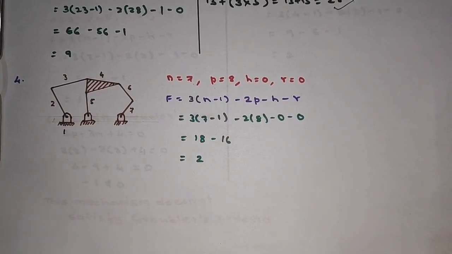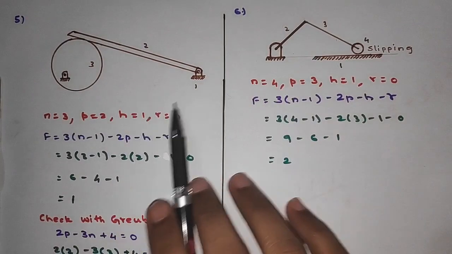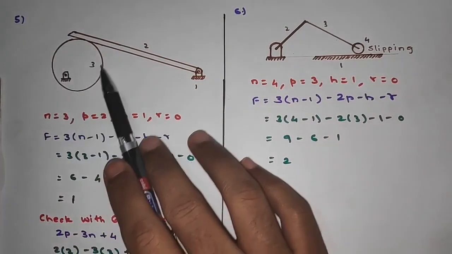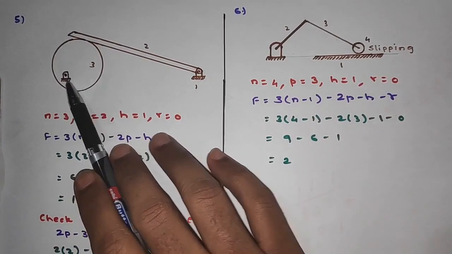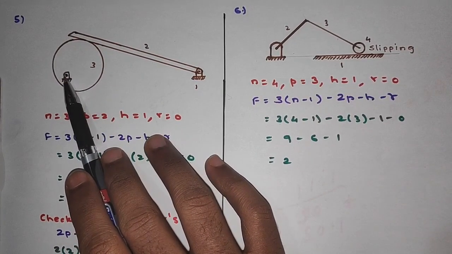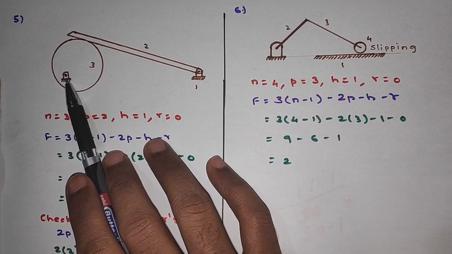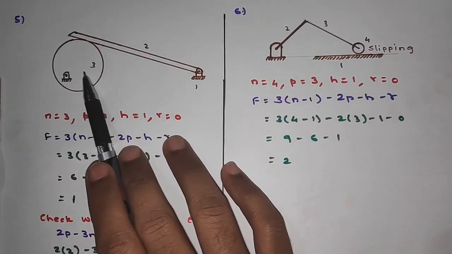We shall go to the next mechanism. Now again here we have two important types of mechanism. So here we have a circular disc, but it rotates not about its center but about a point which is at some offset from its center. So this is the point or the pivot at which the circular plate rotates.